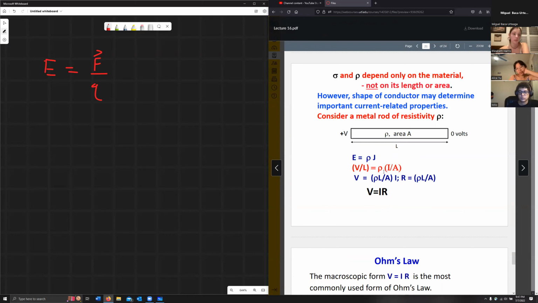So multiply both sides by capital L, and you have current there. Oh, so resistance is just equal to the resistivity times the length divided by the area. Okay, so R, resistance, is equal to the resistivity times the length divided by the area. Gotcha. And so this is replaced in this, so you get V equals IR.